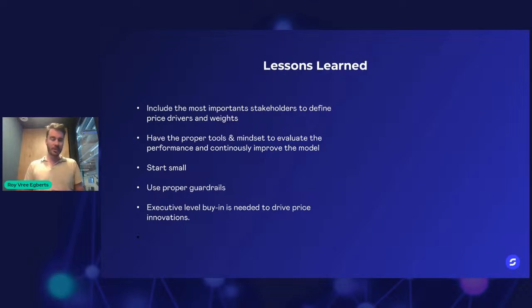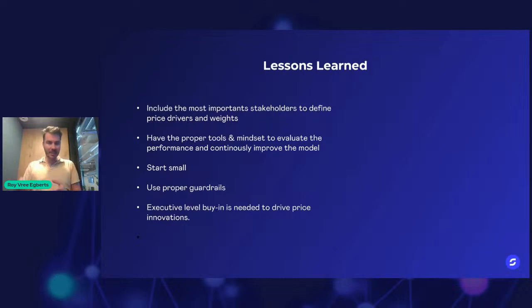You need to also understand, if I change my price, what's actually going to be the impact. So most companies don't have proper analysis reporting in place to measure these things. So it's Power BI or Tableau, or even in Excel, you can make reports rather easily on top of that to measure the price changes.